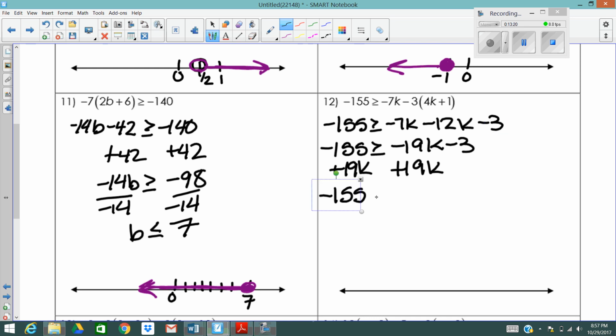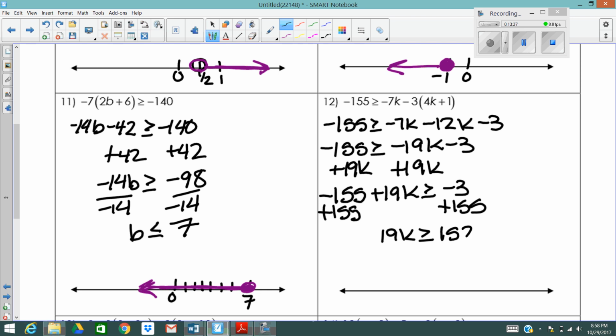This is a way around having to flip the whole thing when it's all said and done. Add 155 to both sides. And then divide both sides by 19.